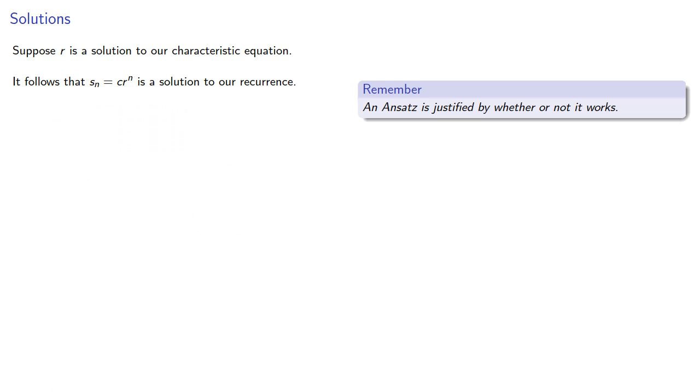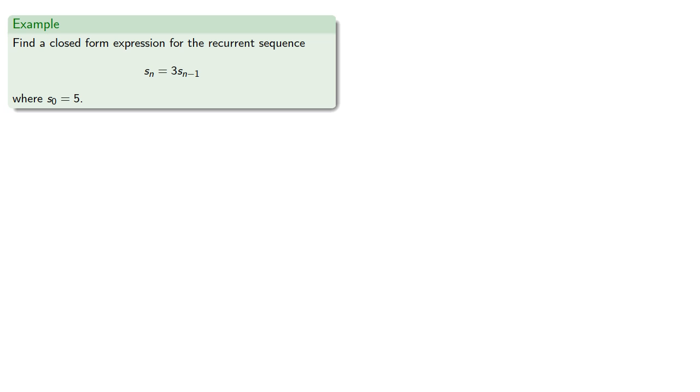Now, to find C, remember that a specific recurrence sequence will have initial values. So let's find the closed form expression for this recurrence sequence, where S_0 is 5. Assuming S_n is C r to the power n, we'll substitute that in and solve for r.